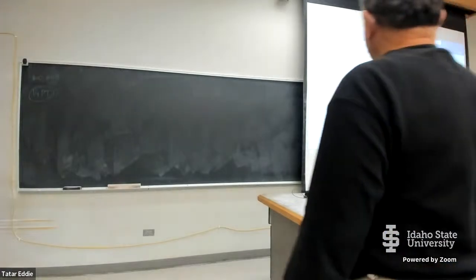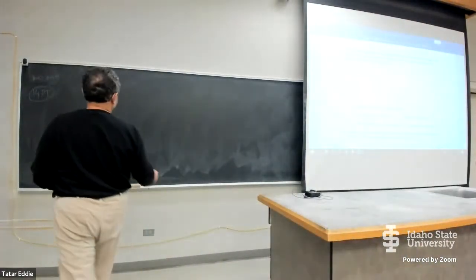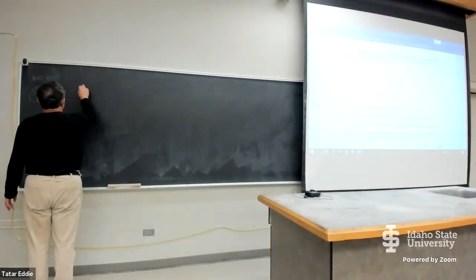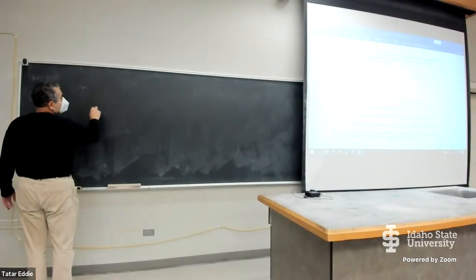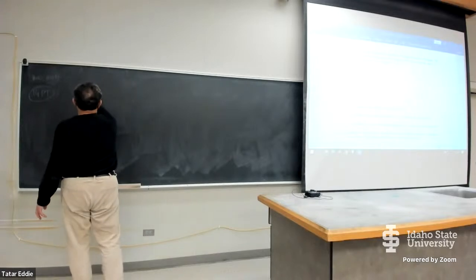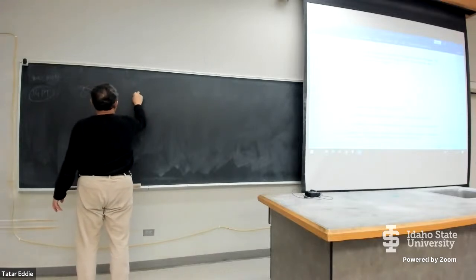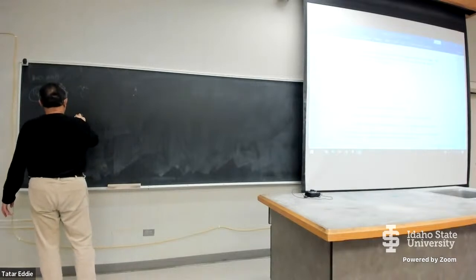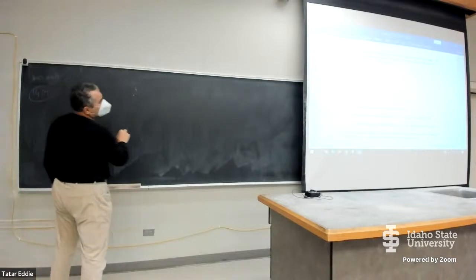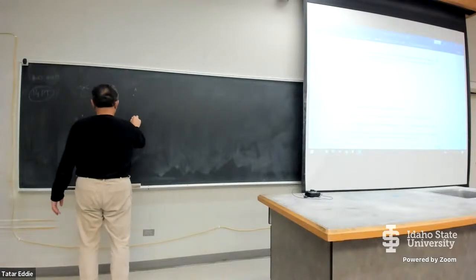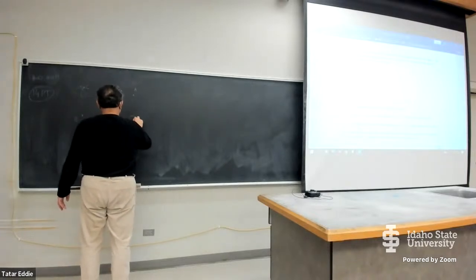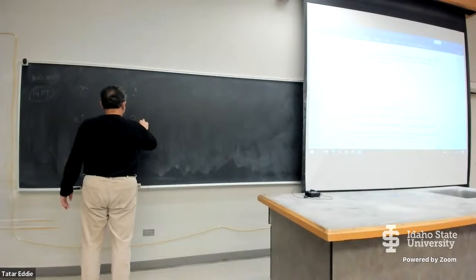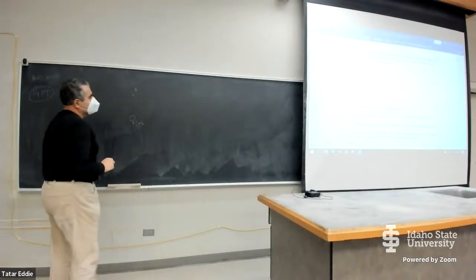Okay, so let's start with the diagram. So you have -5 microcoulombs here. And after that, here is point A, and here is point B, and this is +2 microcoulombs here.